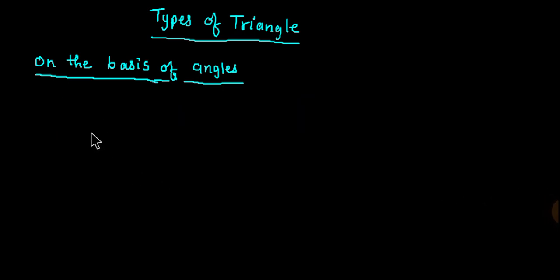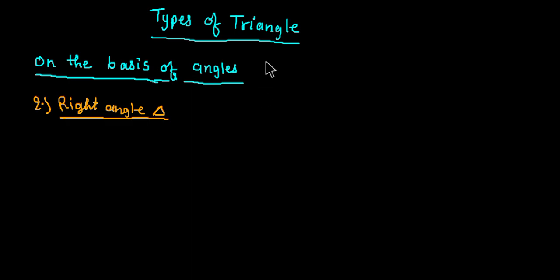Now let's discuss another type of triangle on the basis of angles, that is the right angle triangle. We all know what a right angle is. An angle which is equal to 90 degrees is known as a right angle.